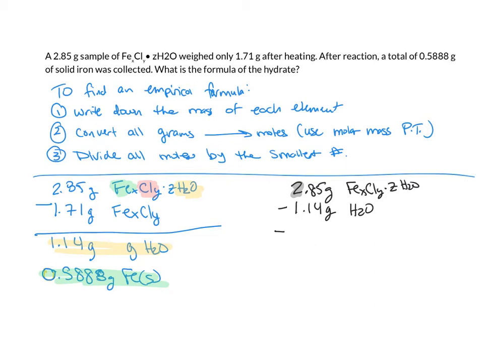So if I also subtract the 0.5888 grams of iron, then I'm left with just the mass of chlorine, which gives me 1.12 grams of chlorine.